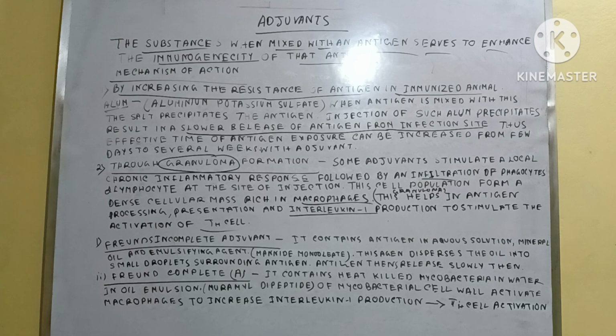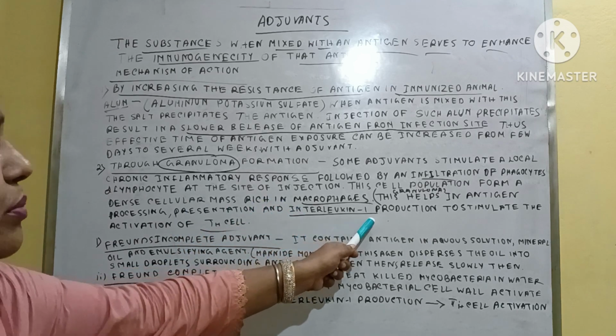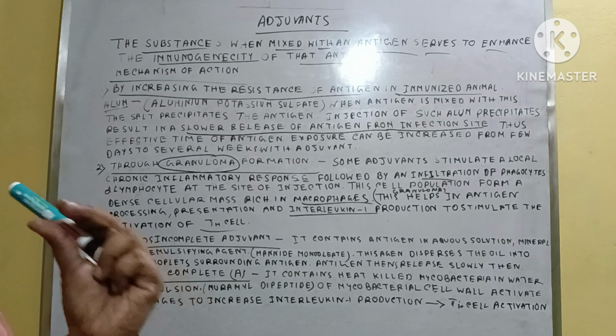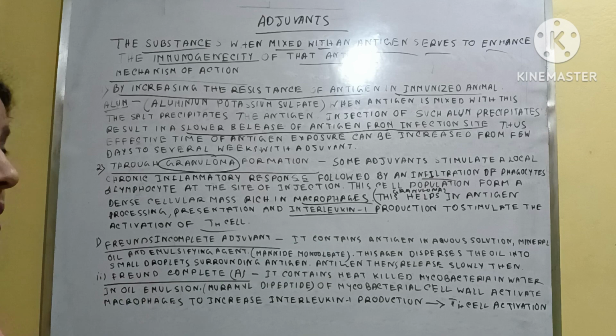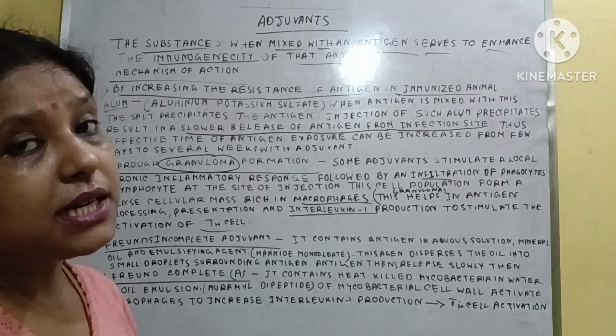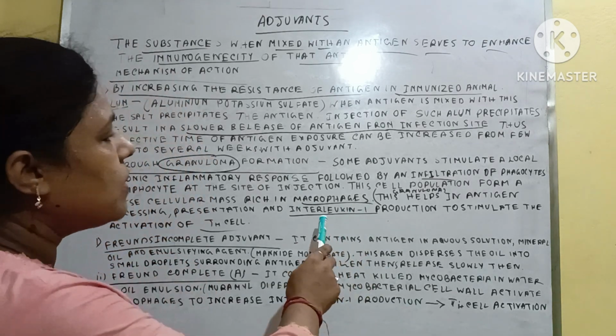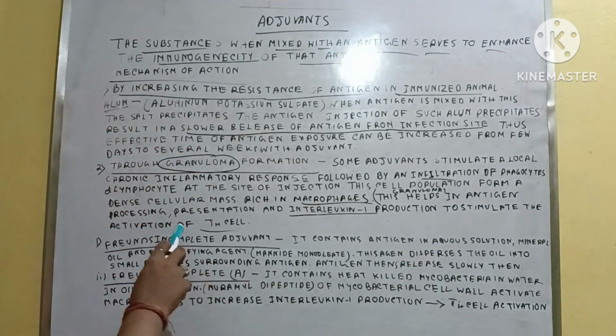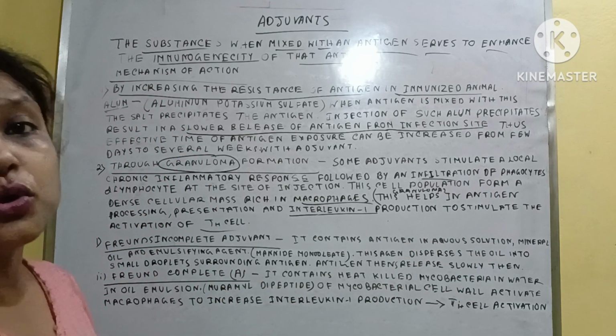What is the role of the macrophages? The interleukin 1 production is possible due to the presence of macrophages. And interleukin 1 increases the activation of the Th cell.